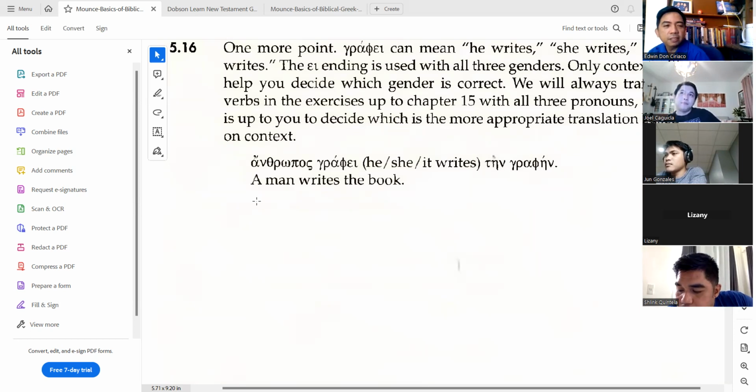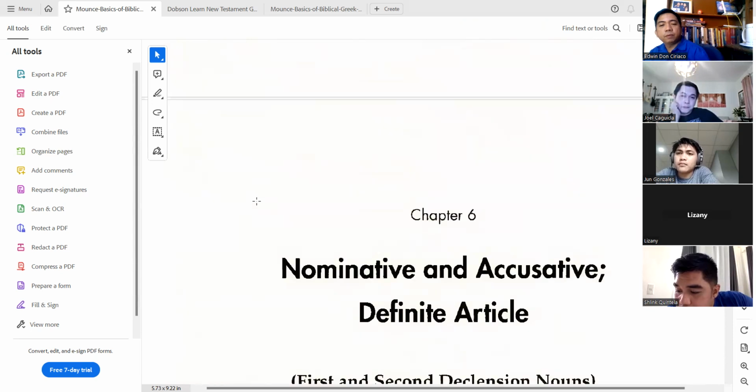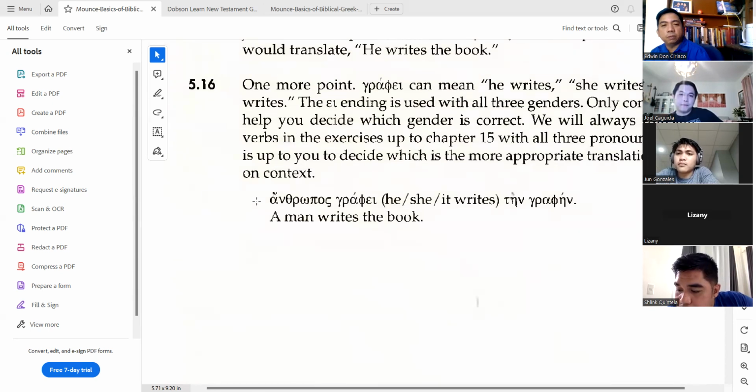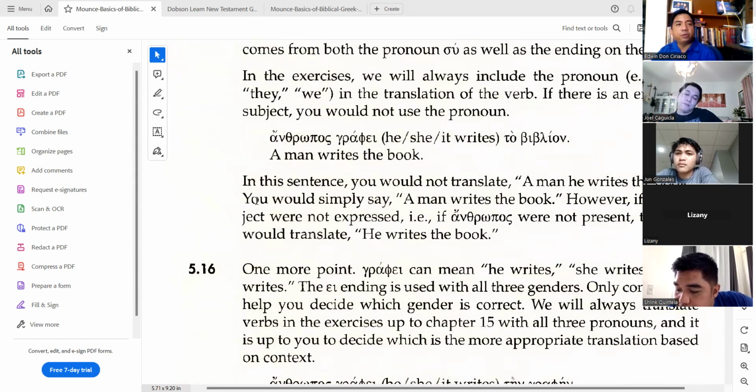And then magsasaka is the person. Nagsaka means the activity of farming is already finished. So sasakahin is intentional, something that is being planned by the author to do. Okay, so we're finished with this one.